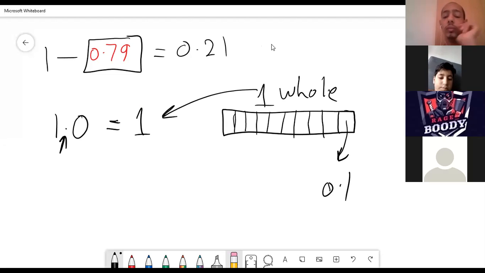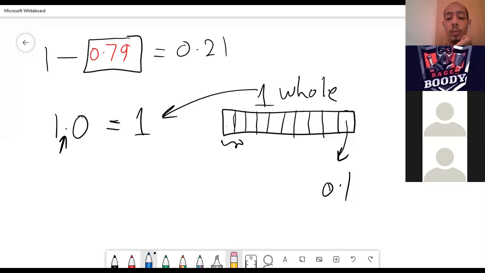So when you make complements to 1, for example, if you have 2 parts, what do the 2 parts represent? 0.2.